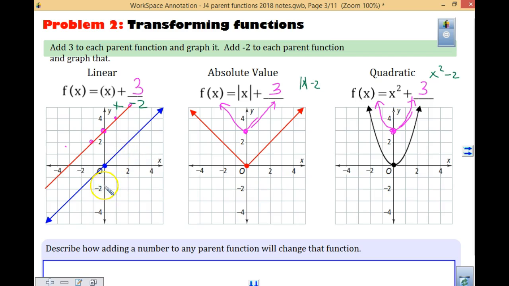So again, we are moving it down 2 on our y-intercept, but our x-intercept is at the opposite of -2, which is positive 2. Okay. Here we are moving it down to -2. And we are keeping that same slope of 1.